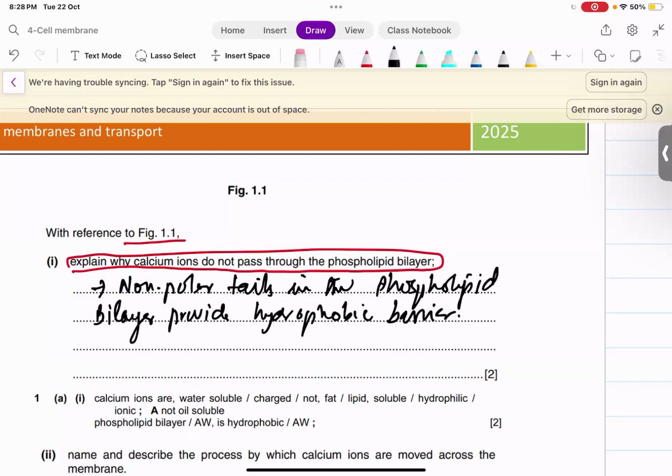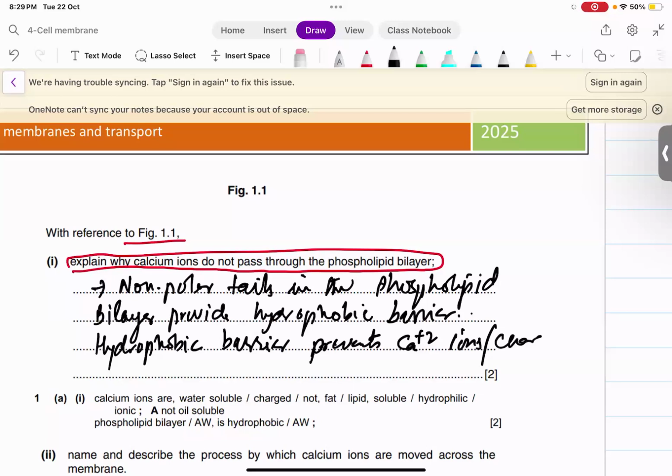Okay. So this hydrophobic barrier prevents calcium ions, which are charged, from passing through this barrier.